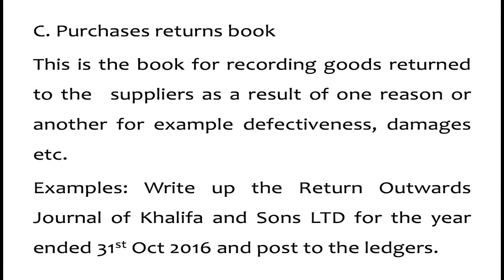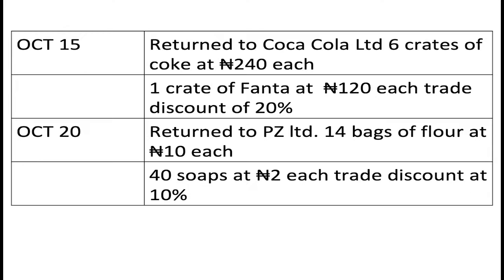Write up the return outwards journal of Khalifa and Sons Limited for the year ended 31st August 2016 and post to the ledger. October 15, return to Coca-Cola Limited 6 crates of Coke at 240 each, 1 crate of Fanta at 120 each, with a trade discount of 20%.